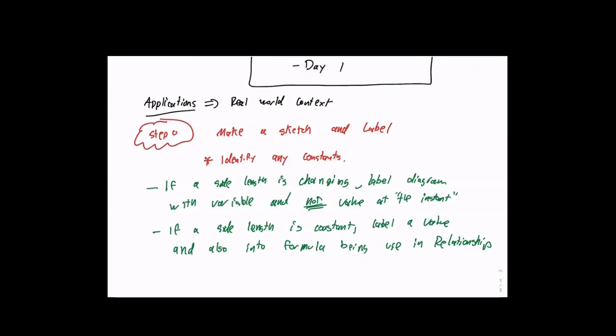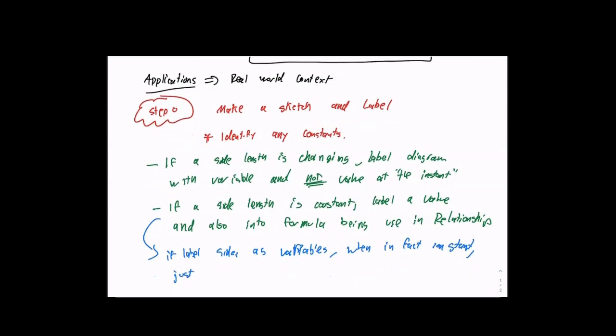Now, you could instead decide to go the route of labeling the constant side lengths with a variable as well. If you label sides as variables when in fact they're constant, just note that the derivative with respect to t will be 0.